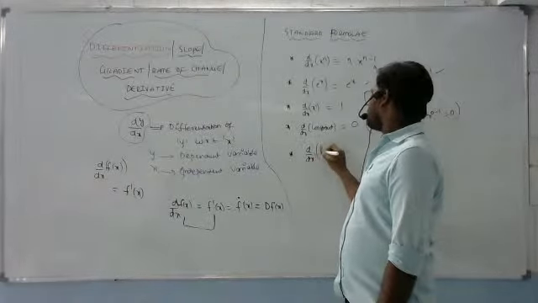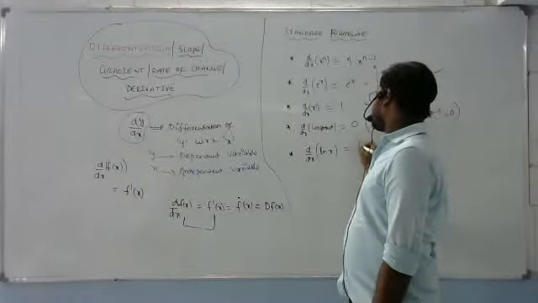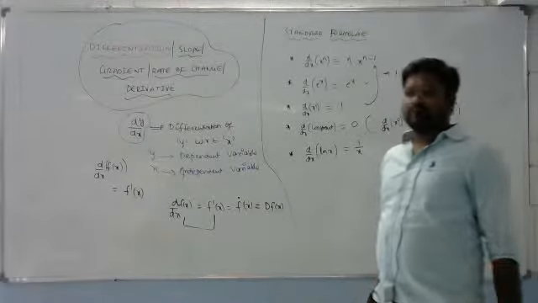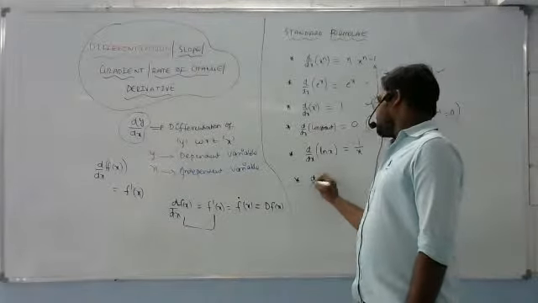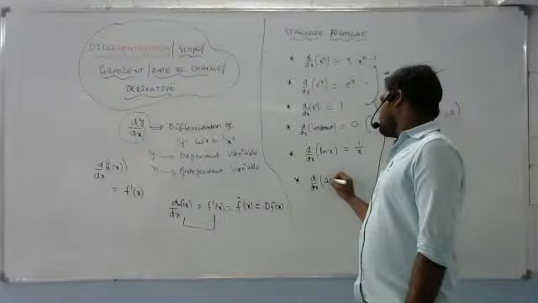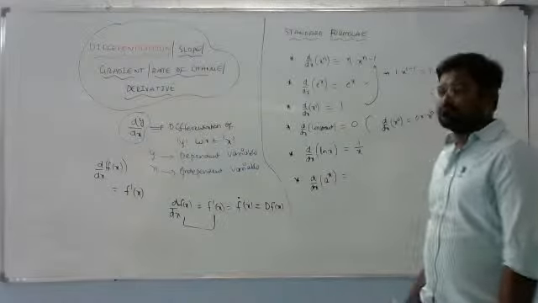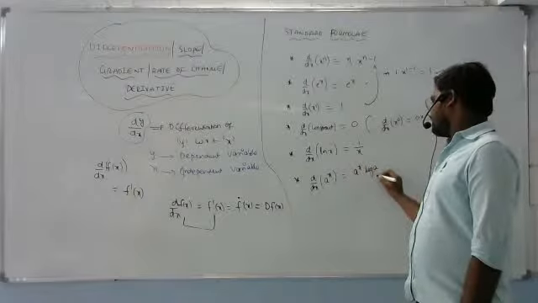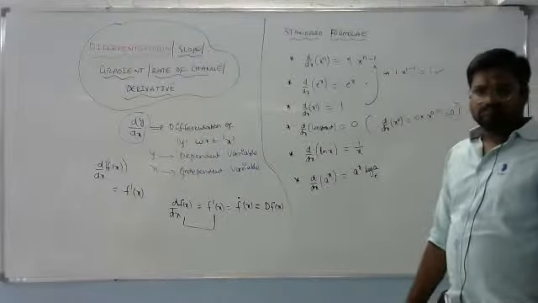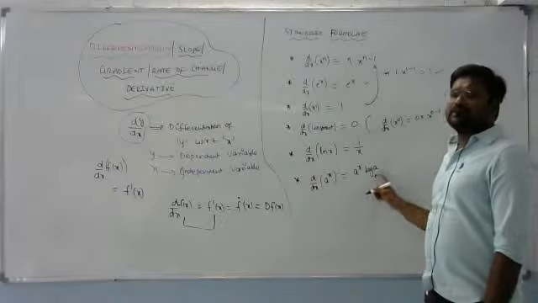Now d by dx of ln x, logarithm of x, is 1 by x. Understood? d by dx of a power x is a power x into log a, base e, or ln a. When I write base e, it can also be written as ln a.